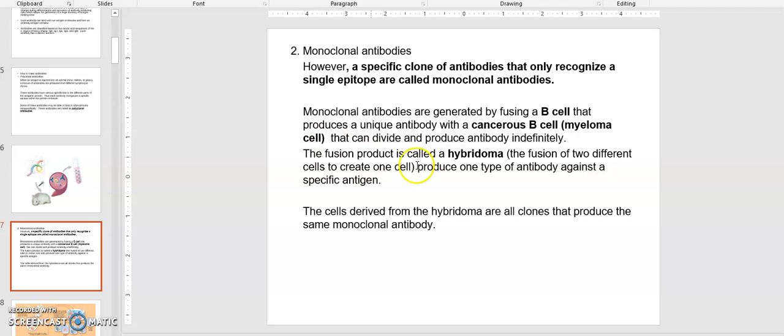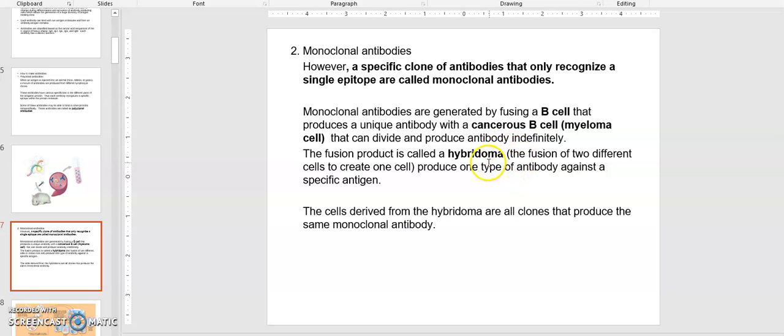Okay, and then those B cells, antibody producing cells, will be fused with another B cell. This B cell is a cancerous B cell, called a myeloma cell. Myeloma is a blood cancer. So it's a B cell that became cancerous in myeloma. If you make a fusion of these two cells, B cells coming from the sacrificed mouse and then the cancerous B cell, we call that fusion cell a hybridoma.